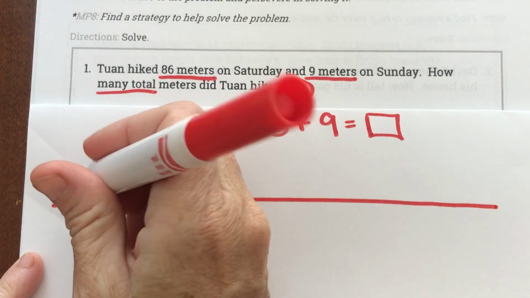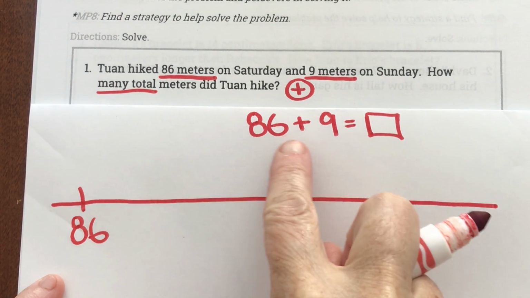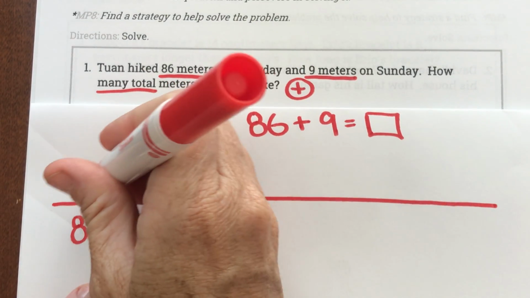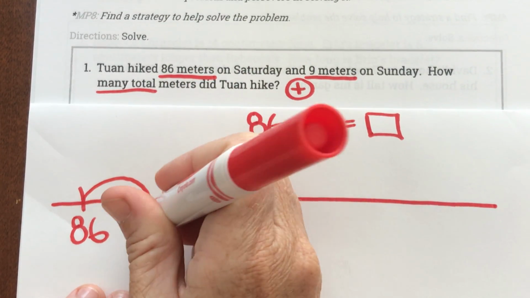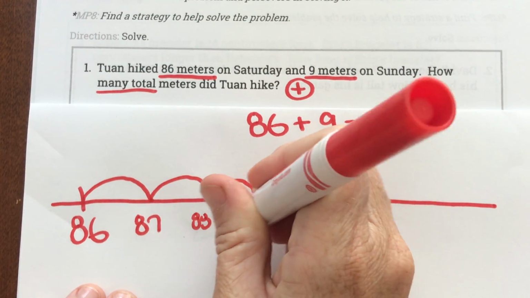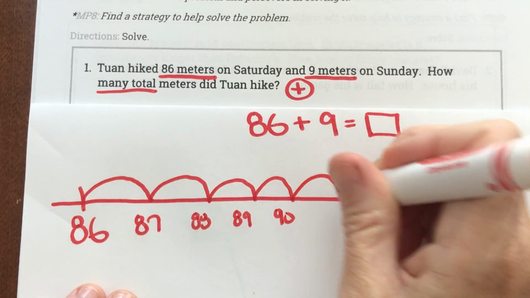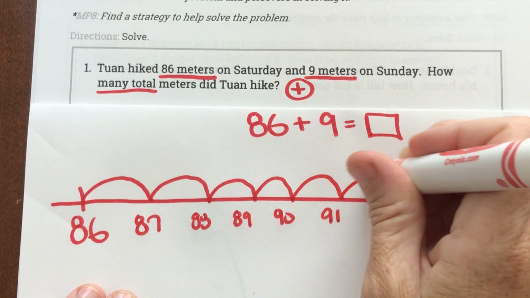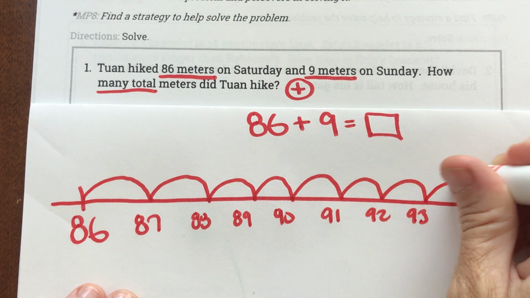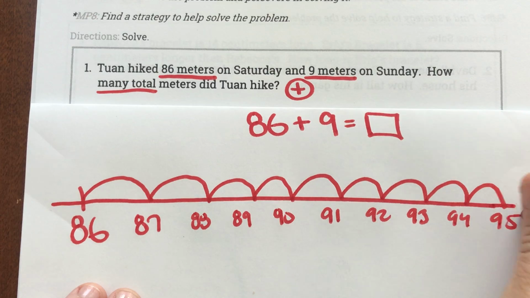So I'm going to start with 86, and they want me to add, or count on, 9 to this. So I start on the left and I count: 1 would give me 87, 2 would give me 88, 3 would be 89, 4 would be 90, 5 would be 91, 6 would be 92, 7 would be 93, 8 would be 94, and 9 would be 95.